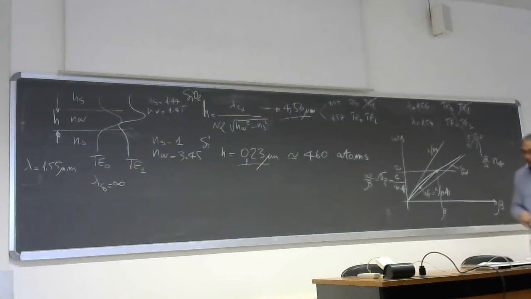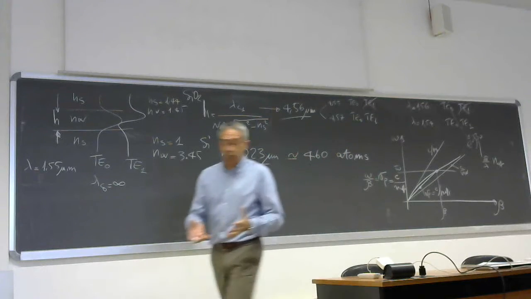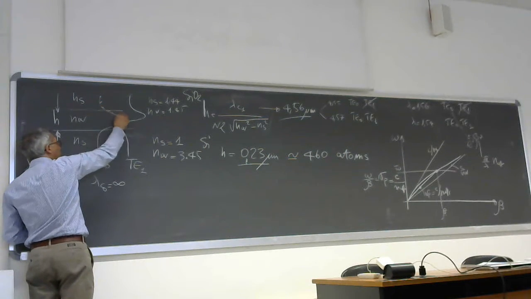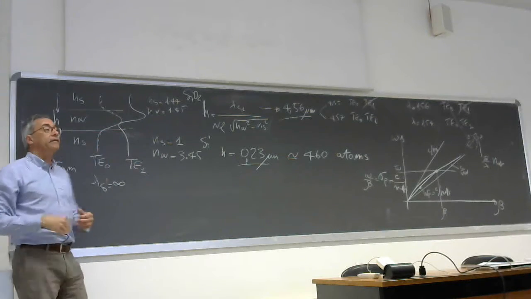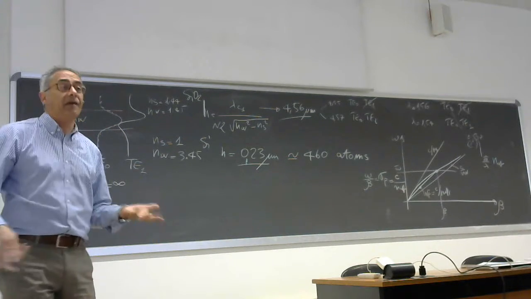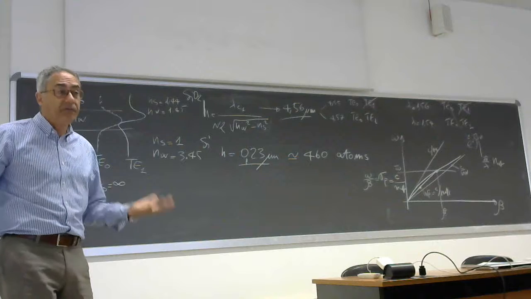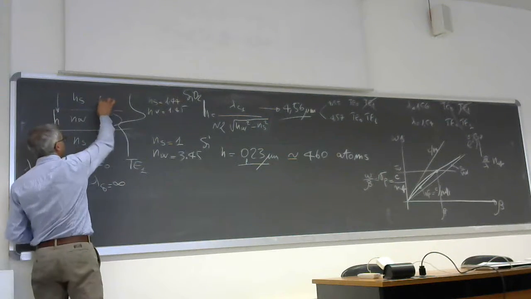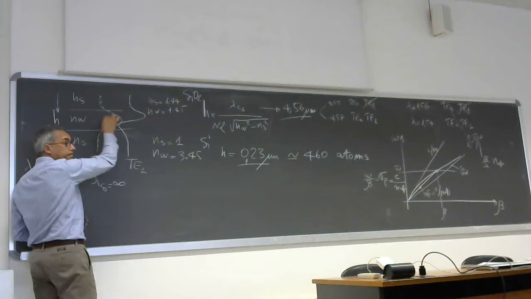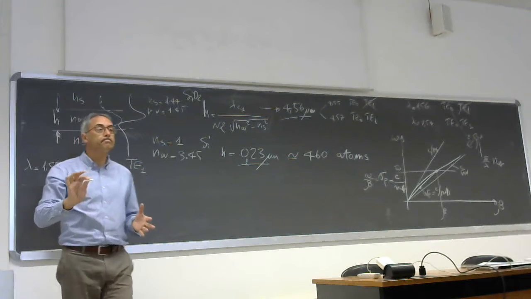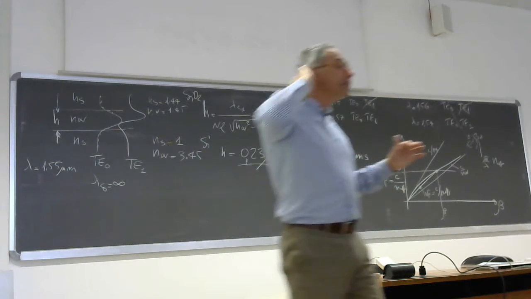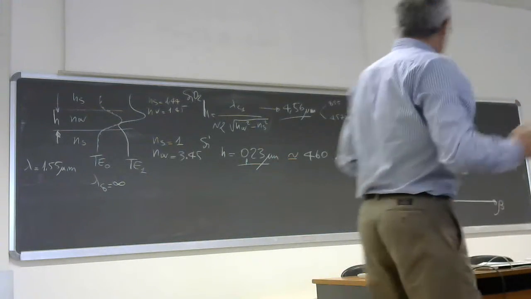Obviously, as the mode does not change shape during propagation, every point of the mode propagates with the same speed, with the same beta, even if the materials are different. Okay? Again, beta is constant in the box. Absolutely, yes.